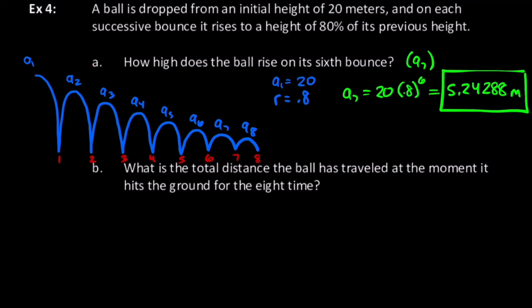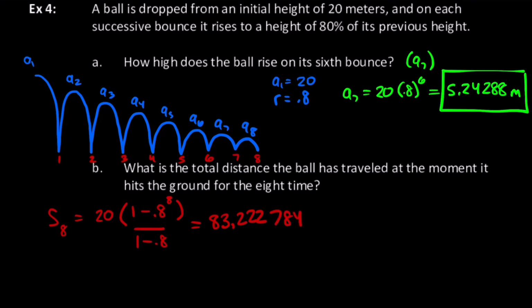Well, that's not too bad. Sum of the first 8 terms, this is geometric, so that'll be 20, the initial height, times 1 minus 0.8 to the 8th, all divided by 1 minus 0.8. That equals 83.222784. Again, I didn't do any rounding here.